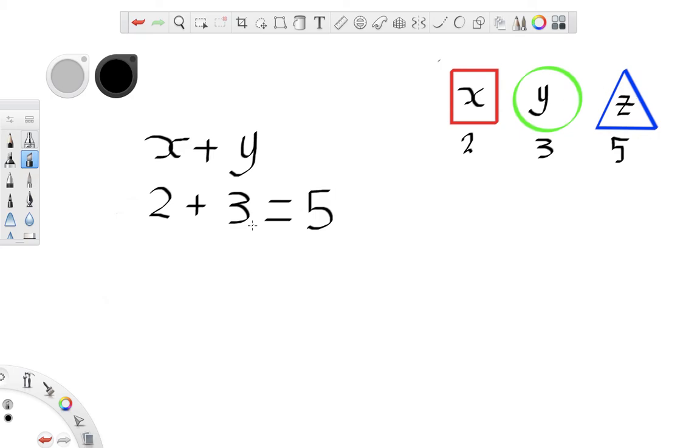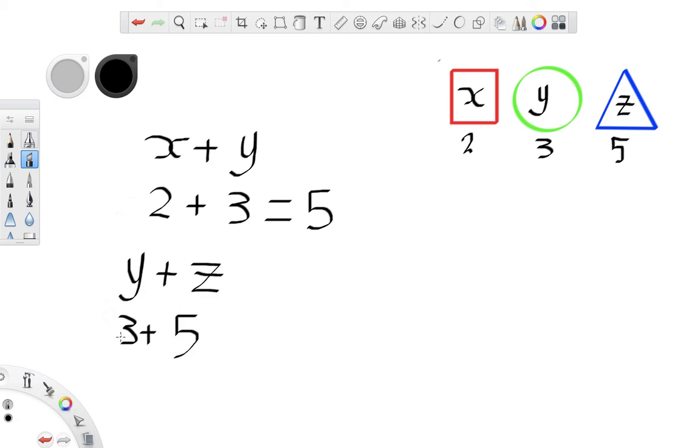So we'll do another example. We'll have Y plus Z. So we'll look at, and Y was the green circle, and the green circle was 3. And then we've got Z, so we've got add plus Z. Z was the blue triangle, and we said that the blue triangle was 5, so we've got 5.